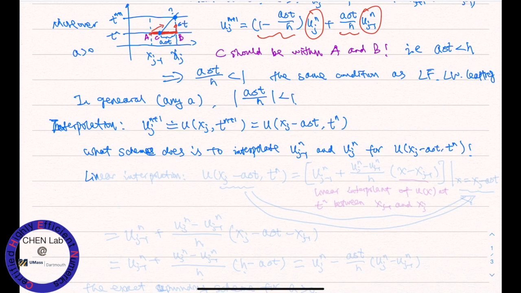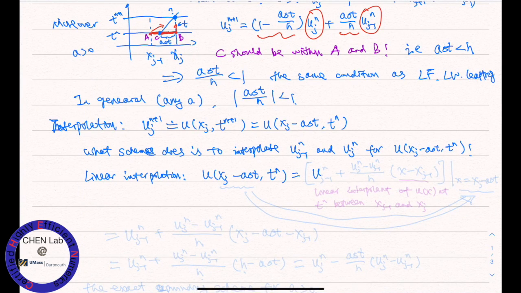So, for example, we can do a linear interpolation. If we do linear interpolation for U at xj minus A delta t, tn, we come up with a linear function that approximates. This is straightforward yet potentially a little bit tricky.